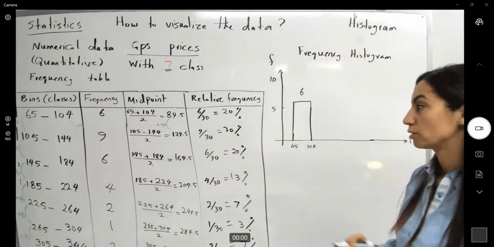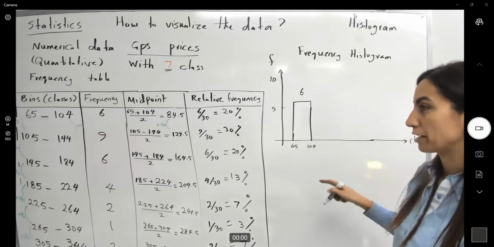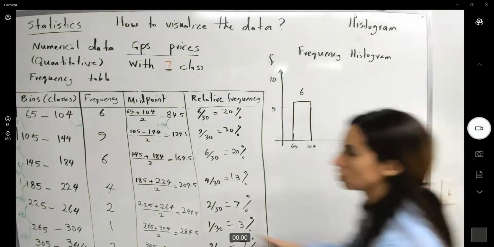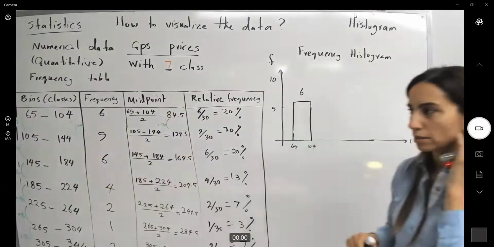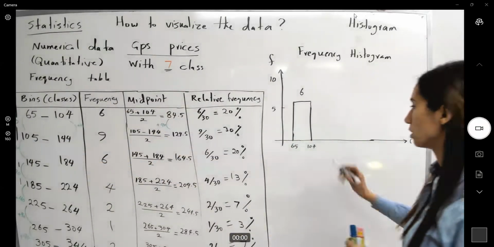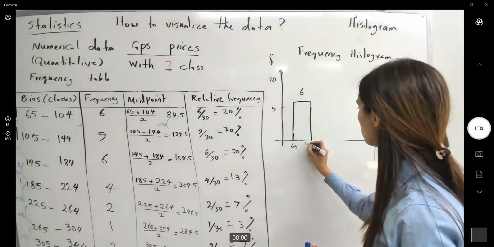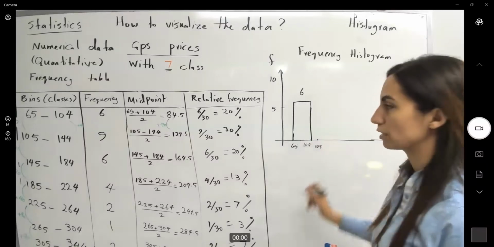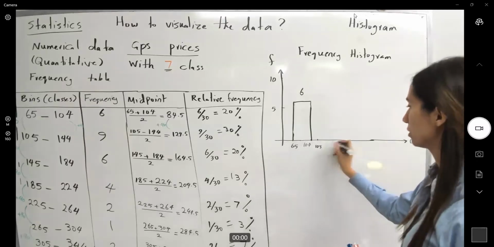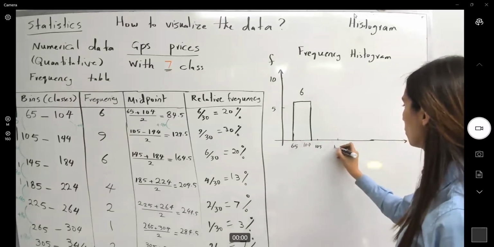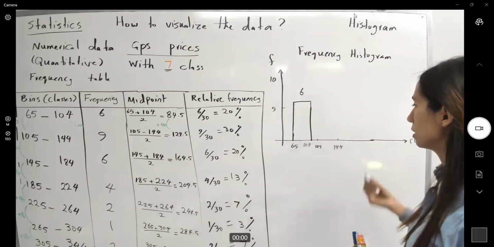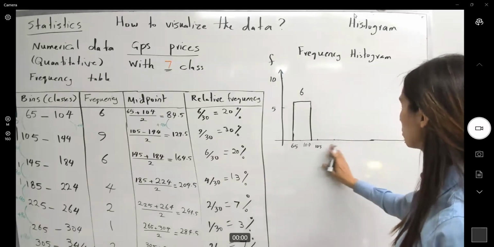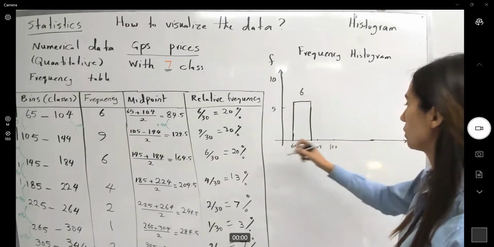I'm going to tell you why we encounter a problem here. The second class starts at 105 and it stops at 144. So 104. Then here, suppose you have 105, and then it stops at 144. The same length here, 144. Okay, and the height of this bar is going to be 9, am I right?